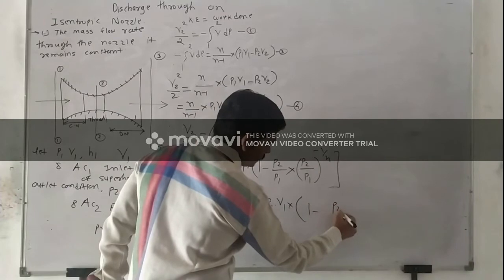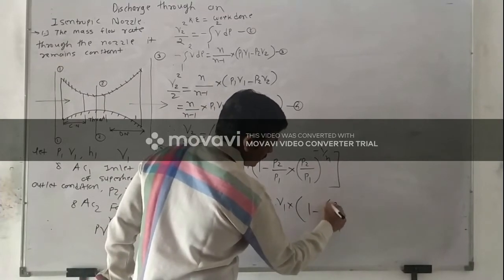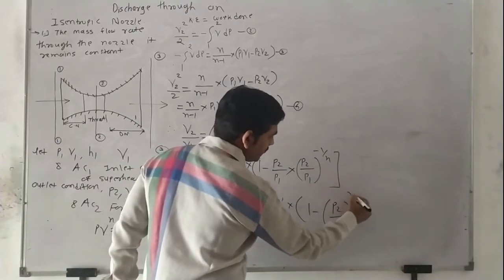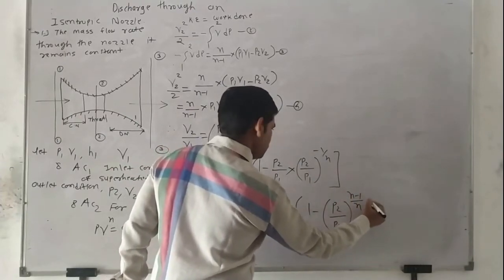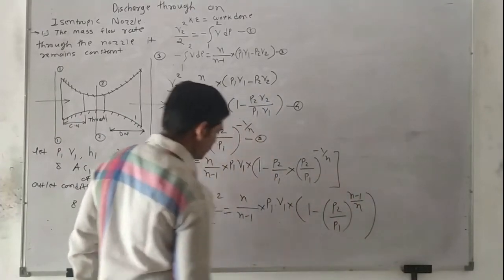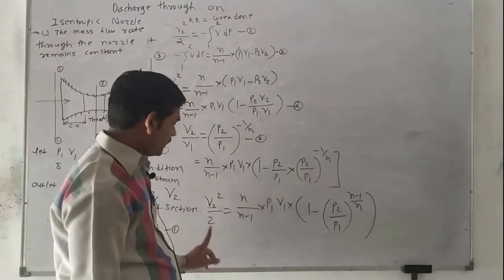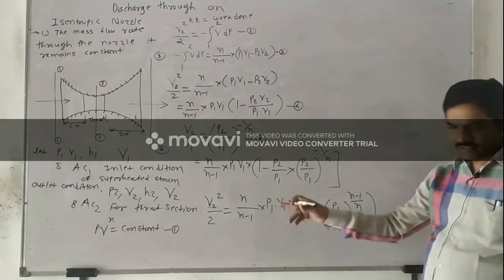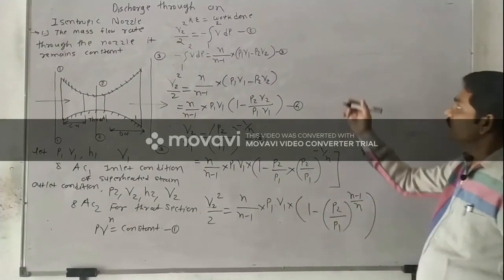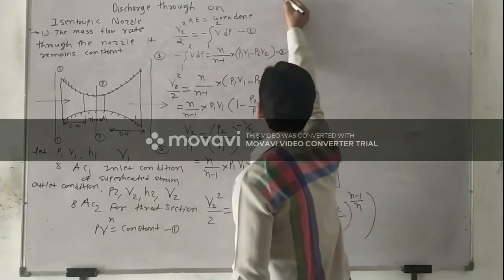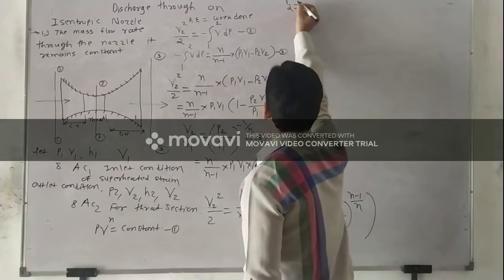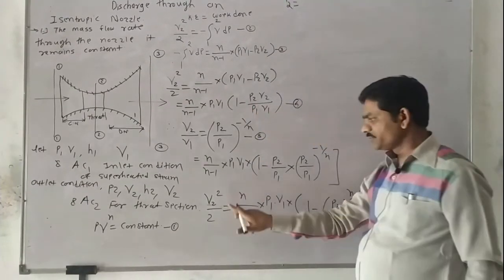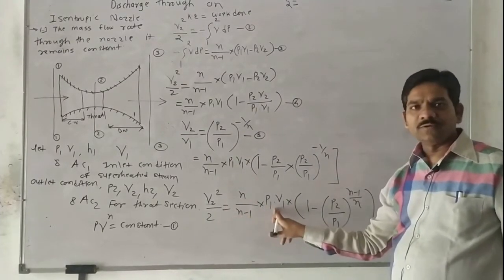What is it? P2 upon P1 to the power n minus 1 upon n, bracket completes. We get this equation. So finally, after solving this, we get the last equation. This V2 square, I directly solve, so this 2 is multiplied with this bracket.